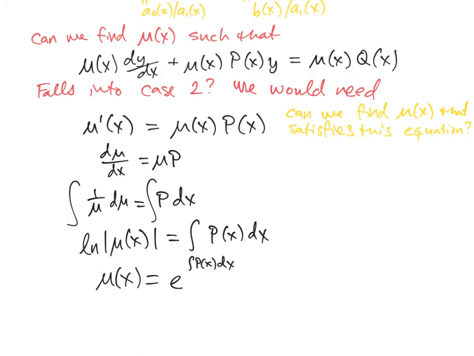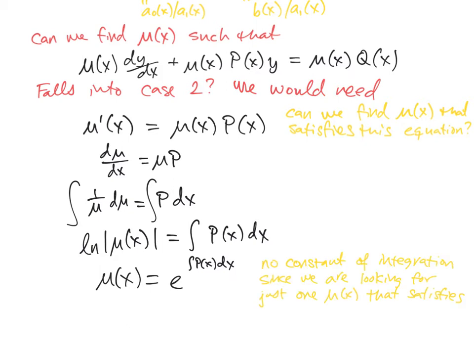The right-hand side looks kind of gross, but once you actually know what p of x is, because that's a given to you, that's something that you can hopefully calculate. And notice that I didn't put a constant of integration in here.